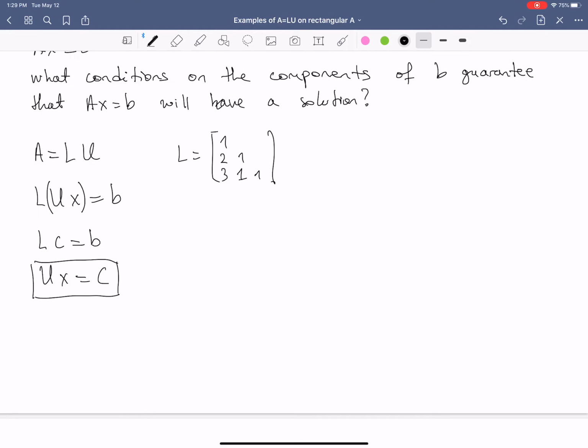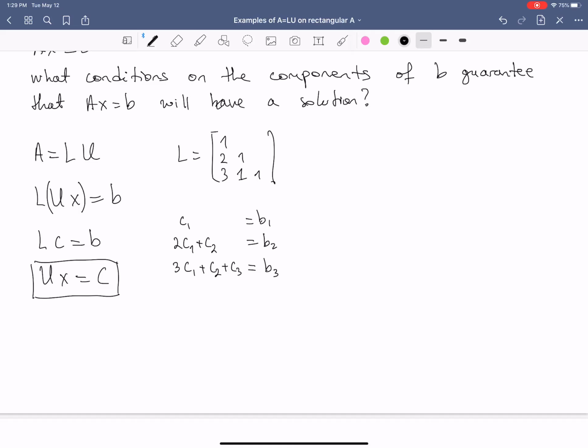And this gives the following system. It says C1 must equal B1, 2C1 plus C2 equals B2, 3C1 plus C2 plus C3 equals B3.